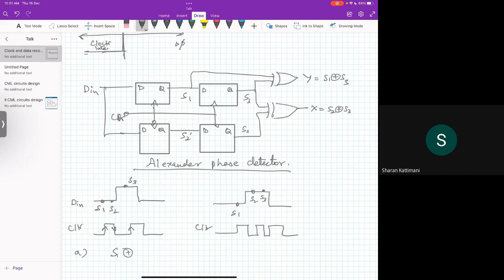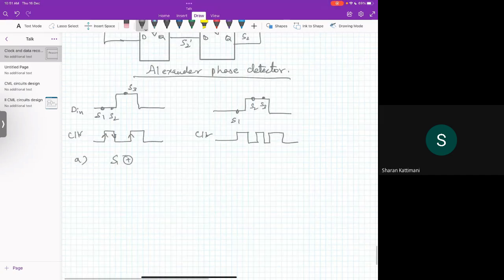So the first possibility is S1 XOR S2 is equal to 1 and S2 XOR S3 is equal to 0.